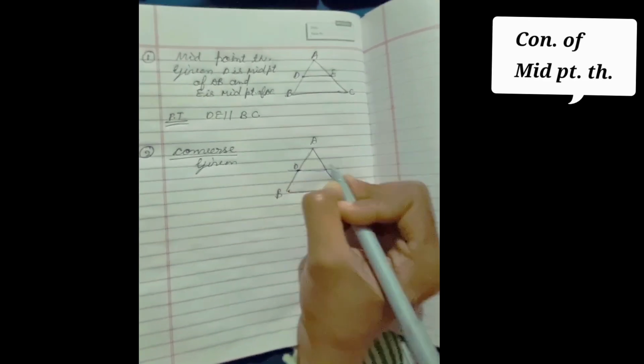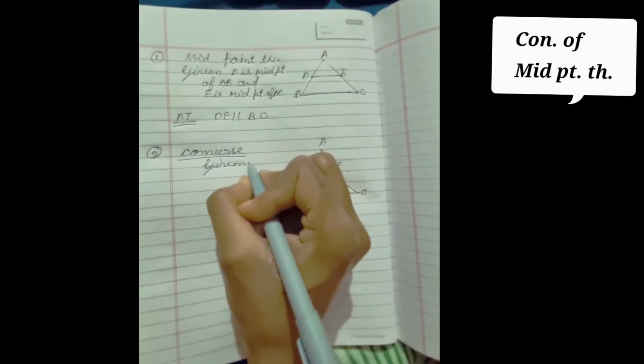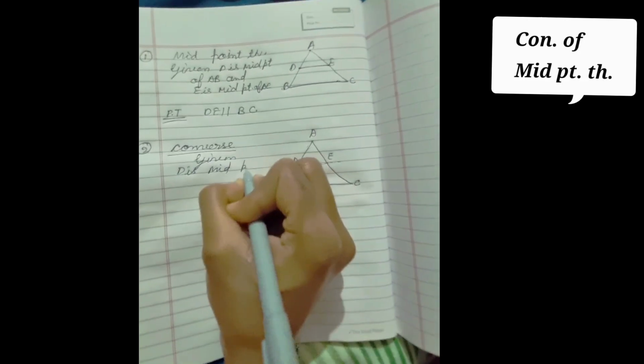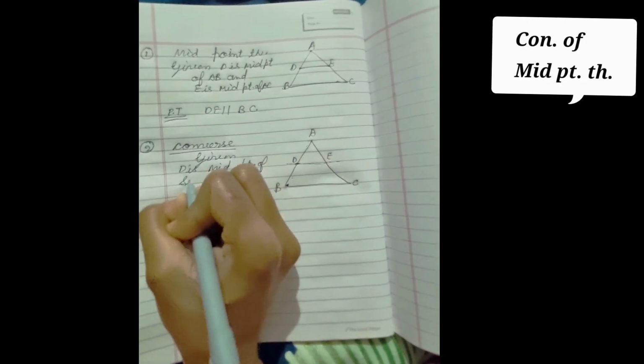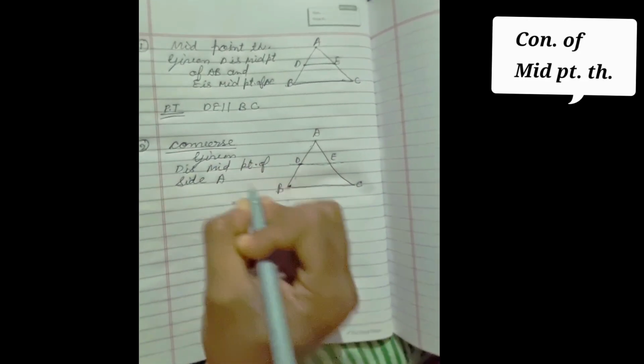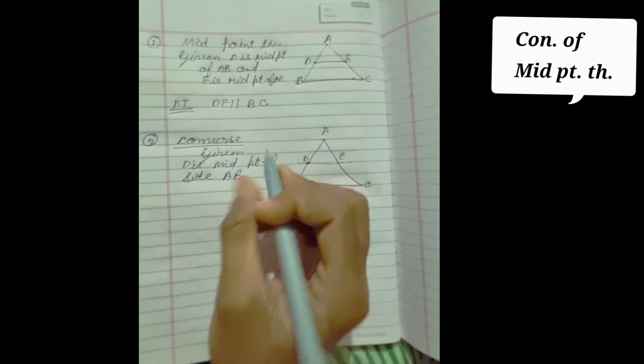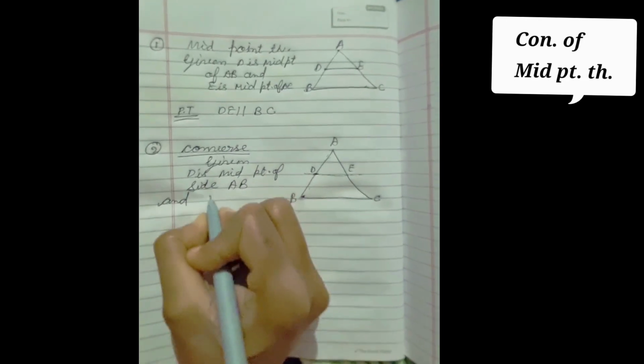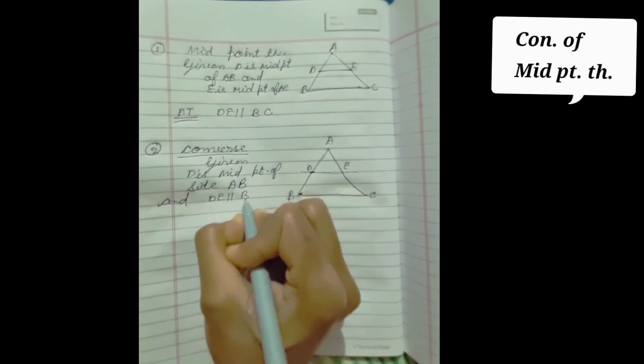We are taking DE. So in this case, given D is the midpoint of side AB, and one more thing given, DE is parallel to BC.